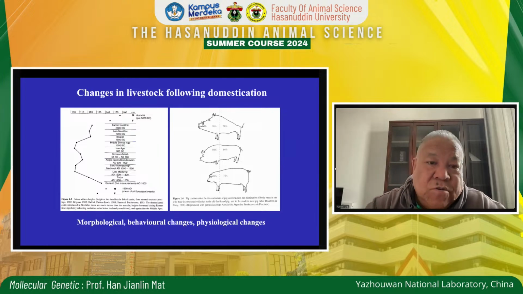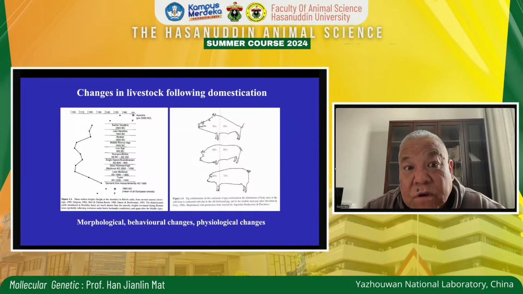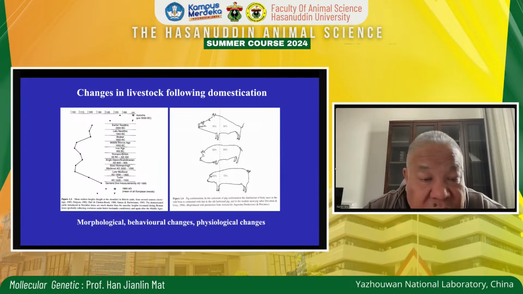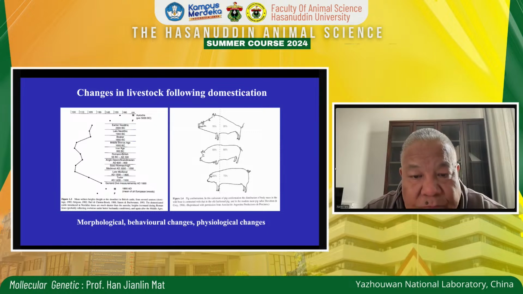So during domestication, we humans are able to domesticate the species, and that species may evolve, may develop a new morphology and new genetics to survive under human control.